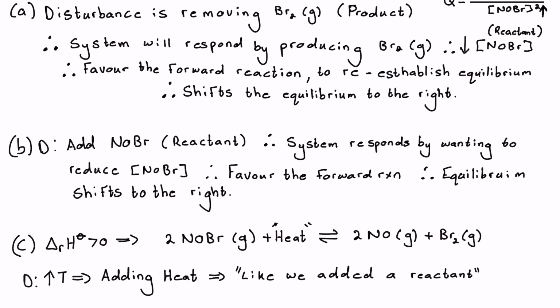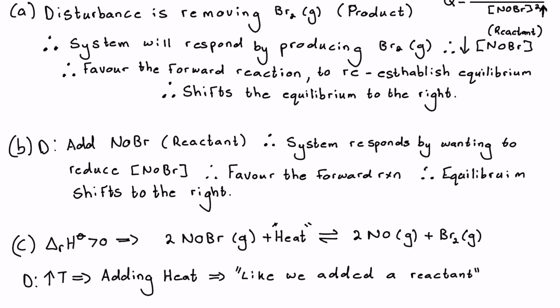All right. So what we've in principle done is this increasing of the temperature is similar to adding a reactant or increasing the concentration of a reactant. So it's similar to what happened in B. In B we said the forward reaction is favored, and it's the same here.